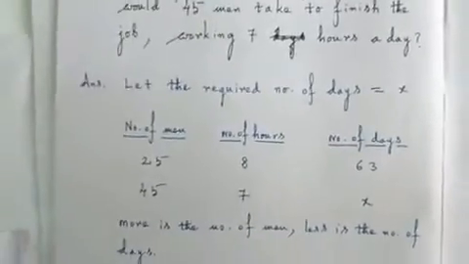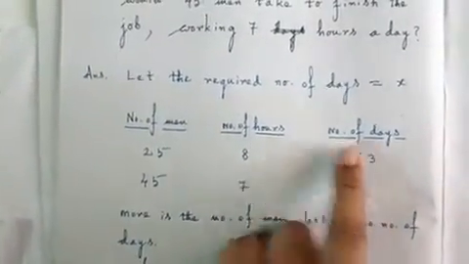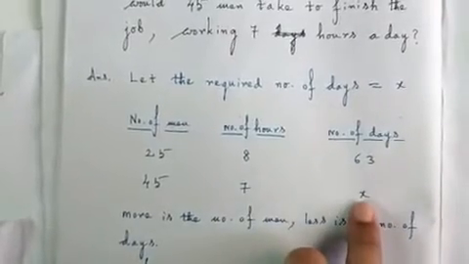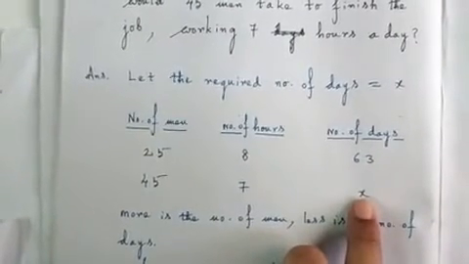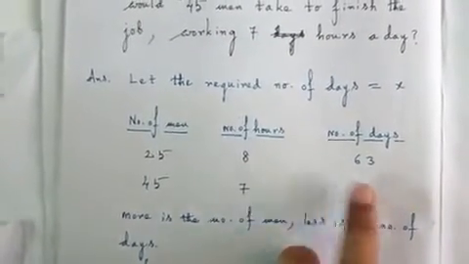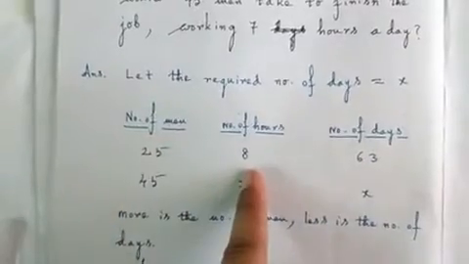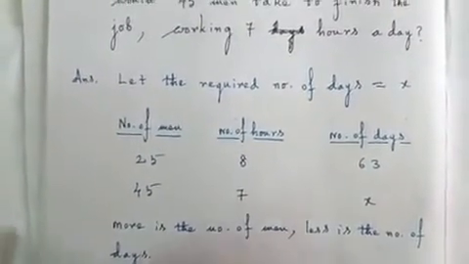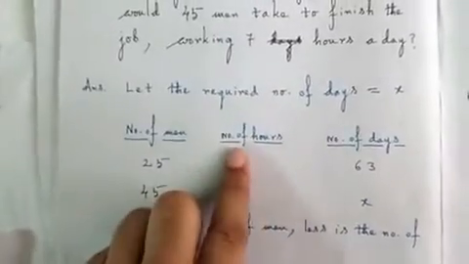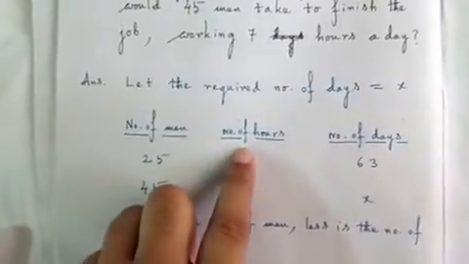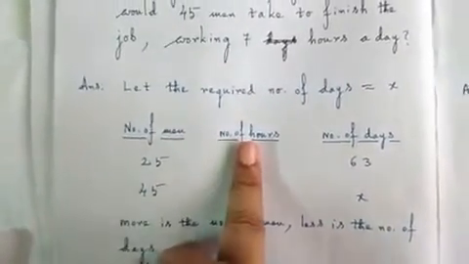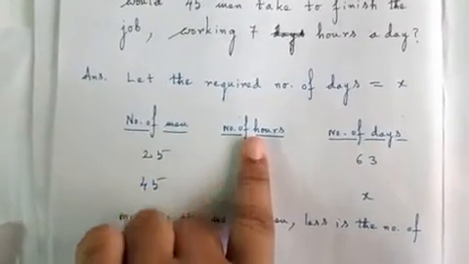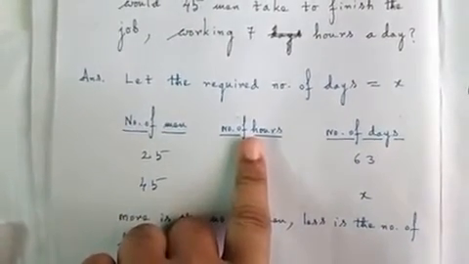So now first we'll compare each of these columns. The column that has the unknown value, the X variable, will be compared with each of the known columns. So first we're going to cover this one and we'll consider these two as 1 hour. So now 25 men work 1 hour a day and will take 63 days to complete the job.